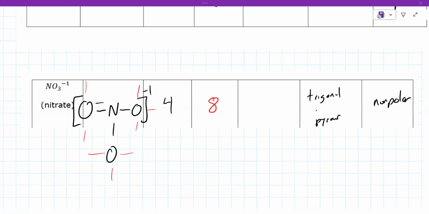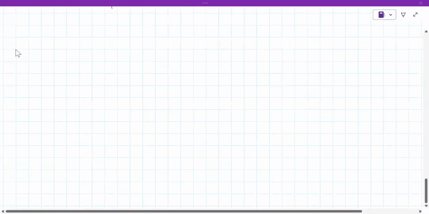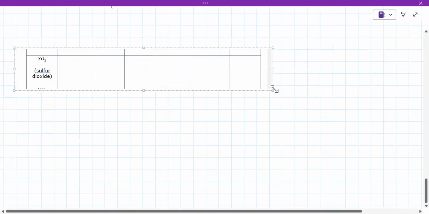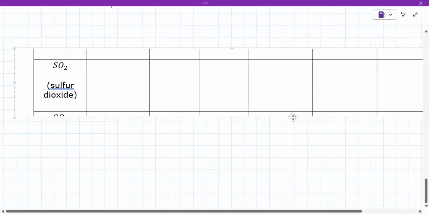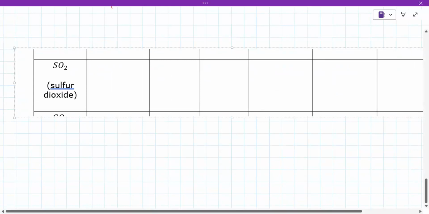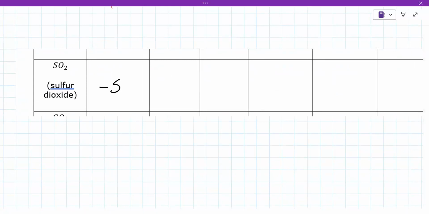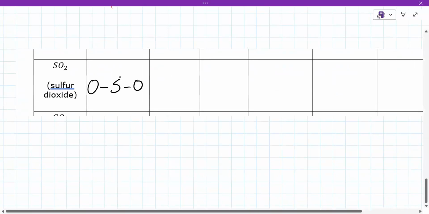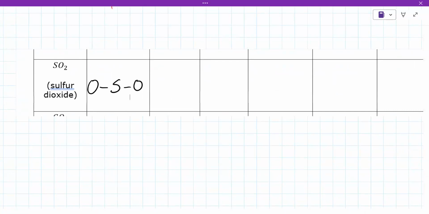Okay, and then the next one, sulfur dioxide, S and O2. Start with S in the middle, O and O. All right, and let me just, I don't like this one. I don't know why it's doing it this way.